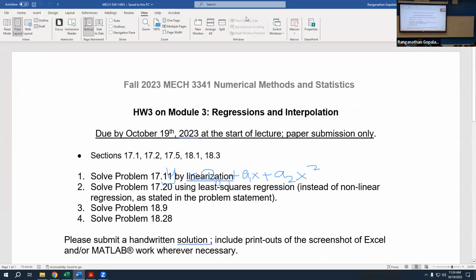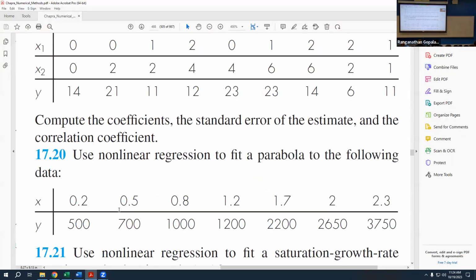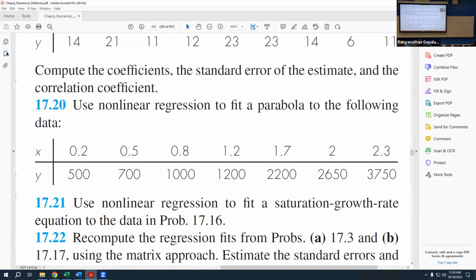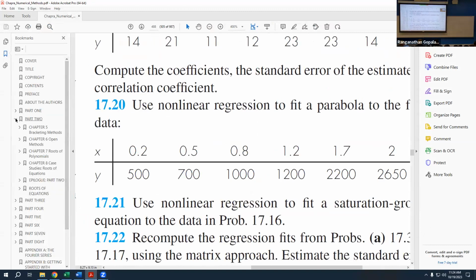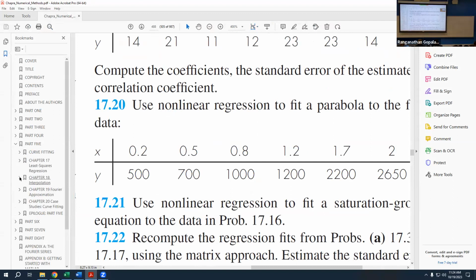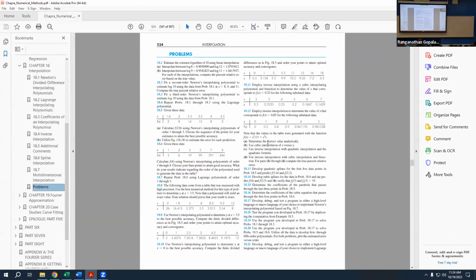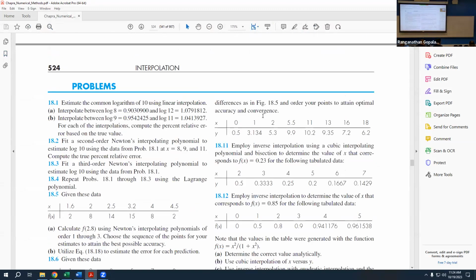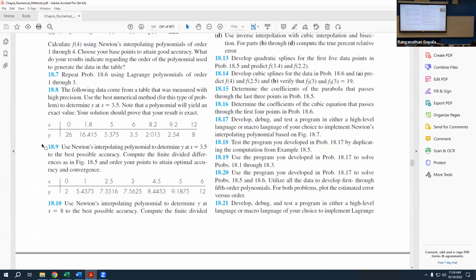And then third problem, you are asked to look at problem 18.9. Okay, 18.9, let's just go to that chapter. Here's the data.